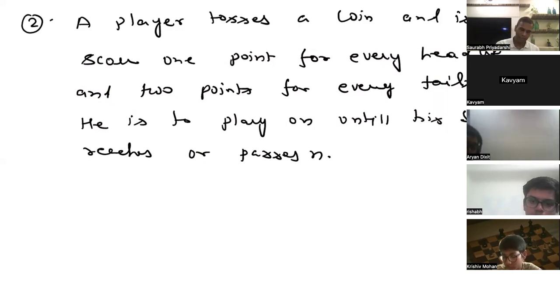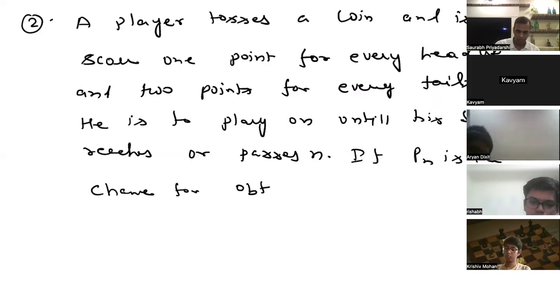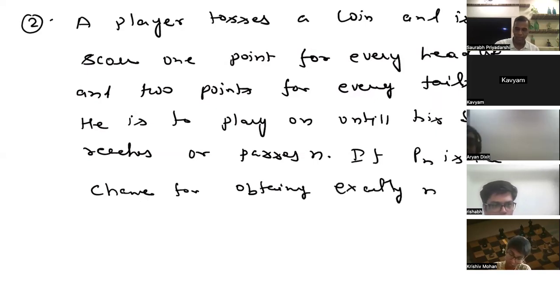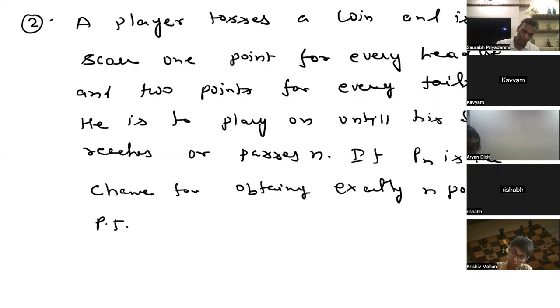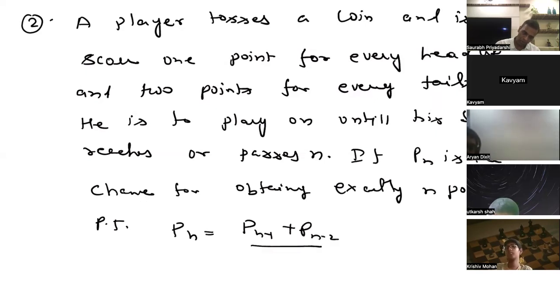If Pn is the chance of obtaining exactly n points, show that Pn is equal to (Pn minus 1 plus Pn minus 2) by 2, and find Pn.